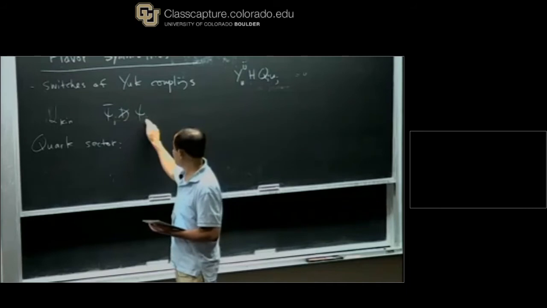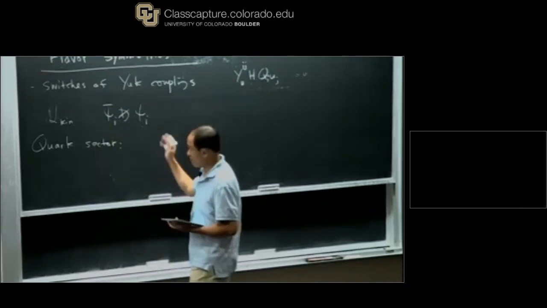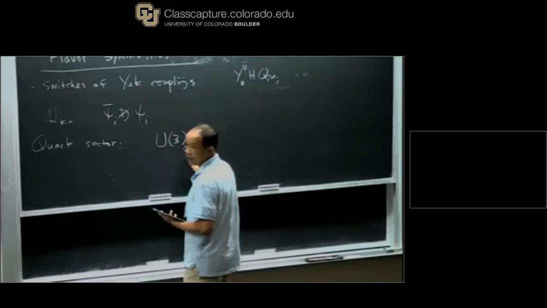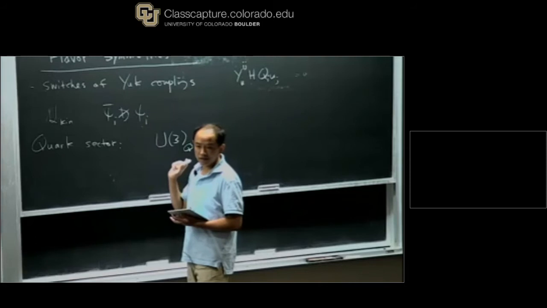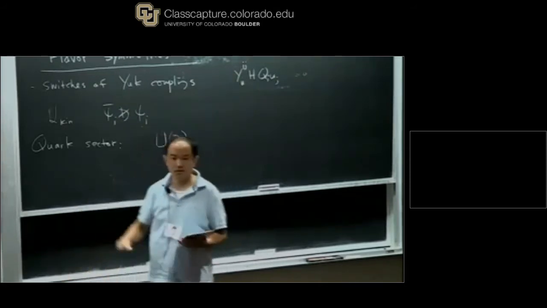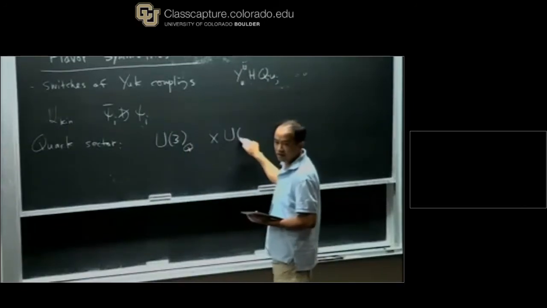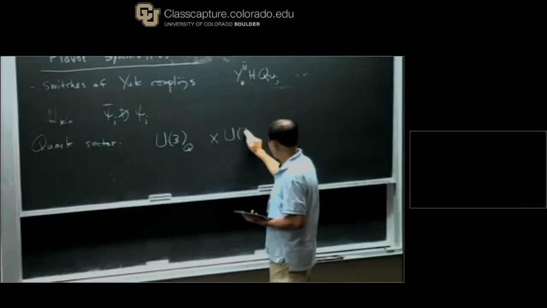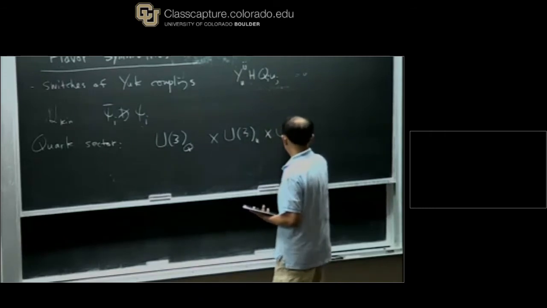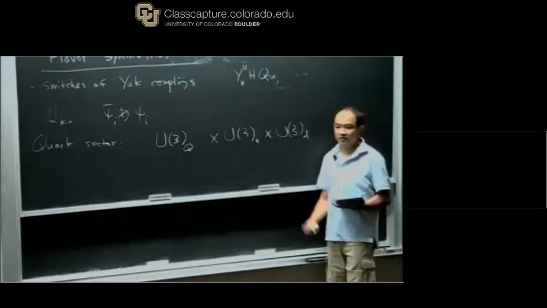Imagine now I have flavor indices here, so you just do rotations. This is invariant. So there is a U3Q. This is the flavor rotation in the left-handed quarks. Same, there are right-handed rotations as well. They are also symmetries of the kinetic term. These are the flavor symmetries.